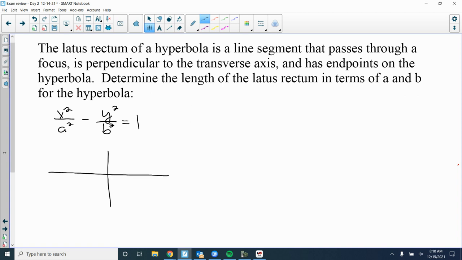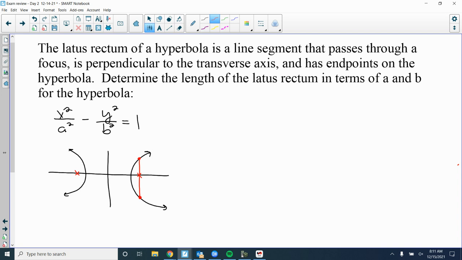And this is all we need to know. Its center will be at 0, 0, because of the way it is. The focus will be on the inside. So what we are looking for is this line segment that goes through there.